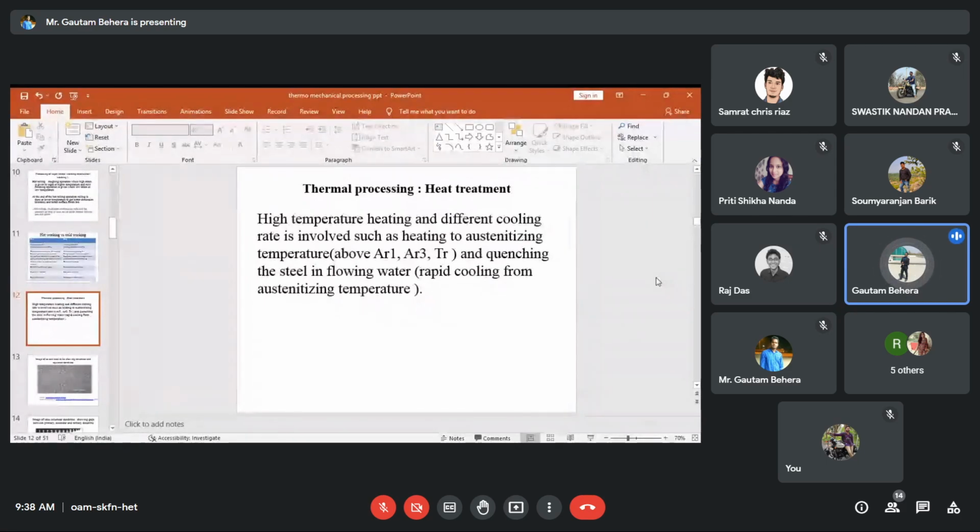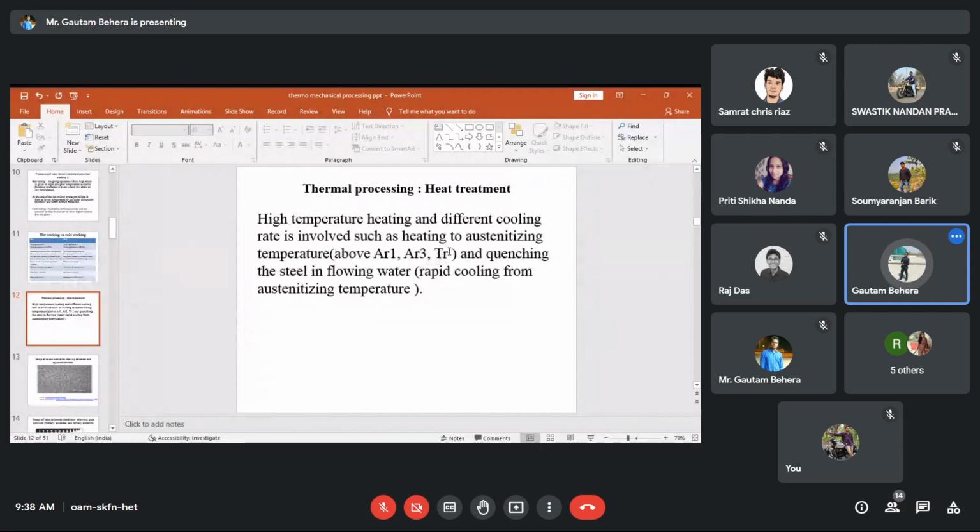So thermal processing means high temperature heating with different cooling rates involved, such as heating to the austenitizing temperature, which may be Ar1, Ar3, and Tr, and quenching will be done.